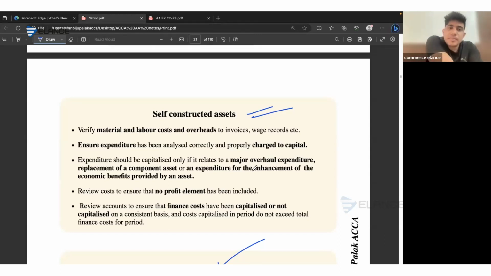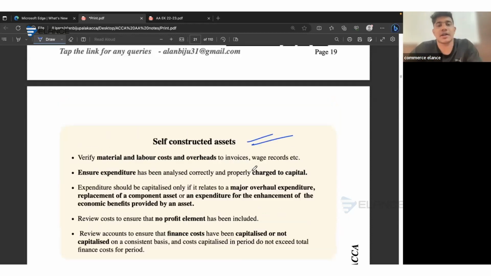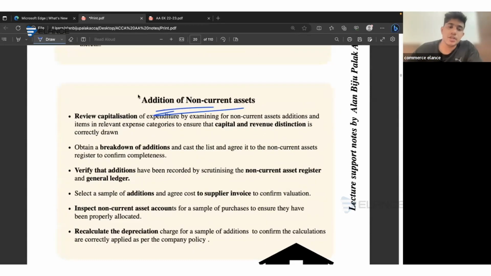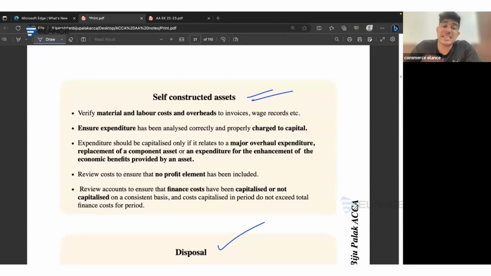Consider that if a company has purchased a building during the current year, then specifically you can write the points of addition of non-current asset. But if the company has constructed a building during the current year, it's a self-constructed asset.